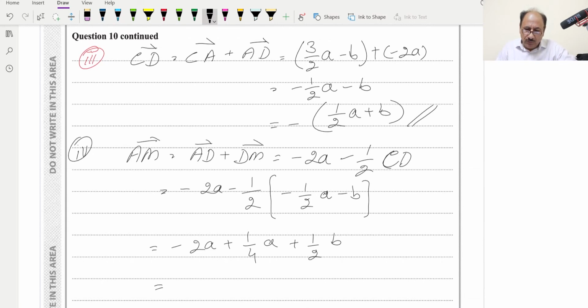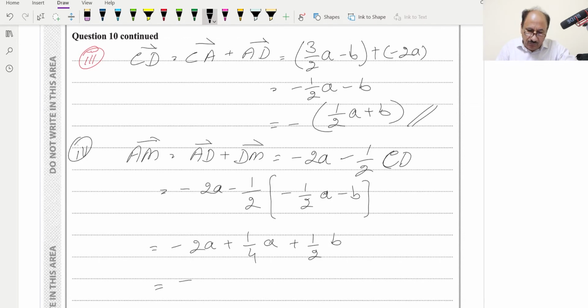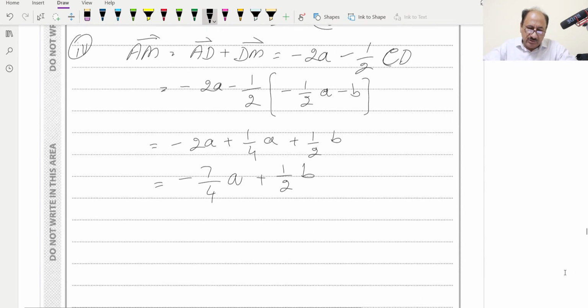Minus 2 plus 1 over 4 will be equal to minus 7 by 4 A, and plus 1 by 2 B. This will be the final answer for this part 4. We are done with this part 4 as well.